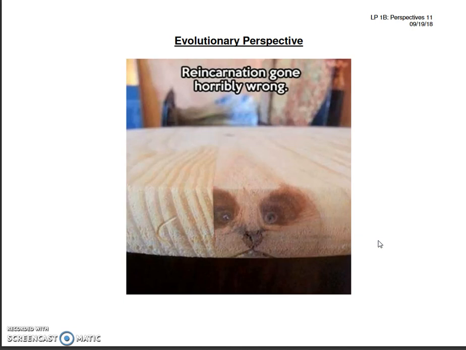So again, evolutionary perspective says that there are these traits, these tendencies, whether it's thinking processes or behaviors that have an evolutionary advantage that help people survive or reproduce.